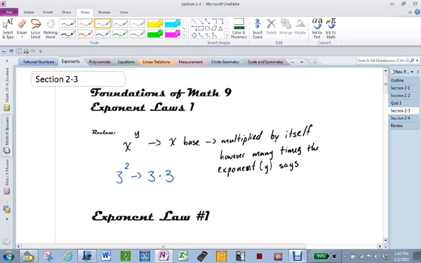You multiply the base by itself however many times as the exponent says to. So if the exponent is a 2, that's telling you to use 2 3s. If the exponent is a 7, you would use 7 3s. All right. Thank you, Omar.